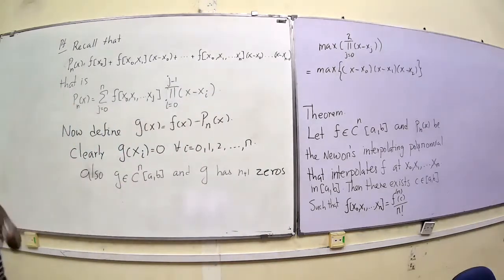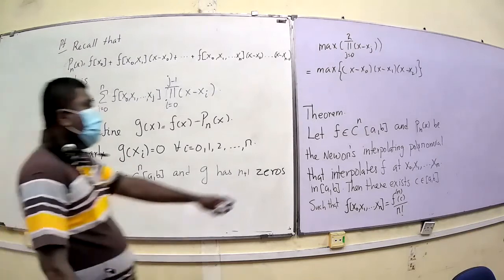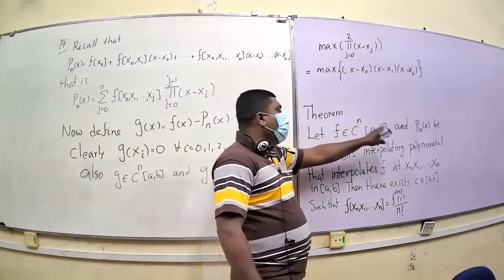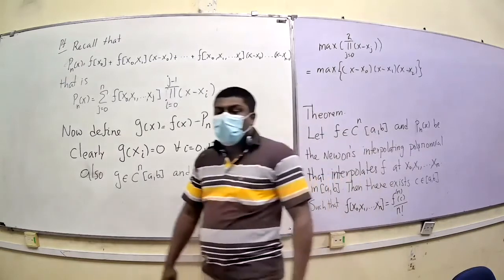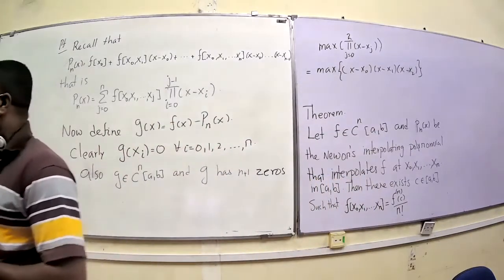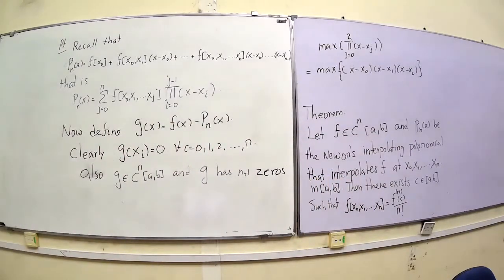Right, so clearly g has n plus 1 zeros. At the same time, f is continuous and differentiable up to n derivatives, and Pn is a degree n polynomial, so that is also continuous and differentiable up to n derivatives.